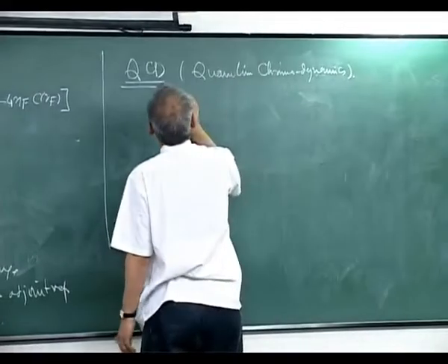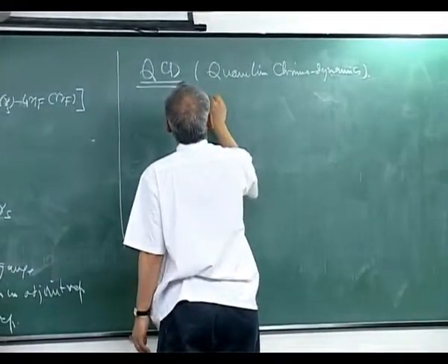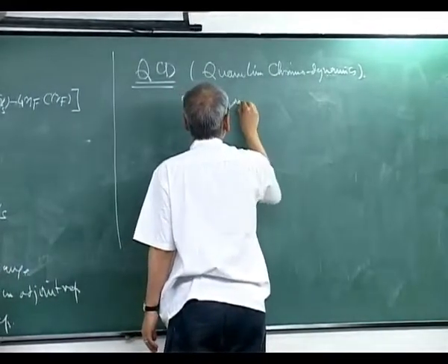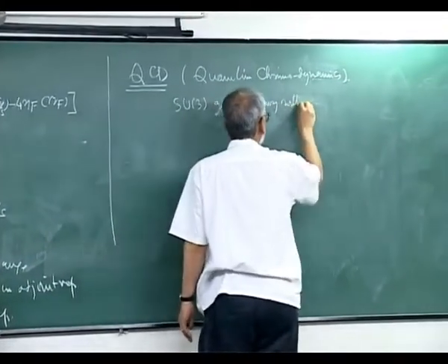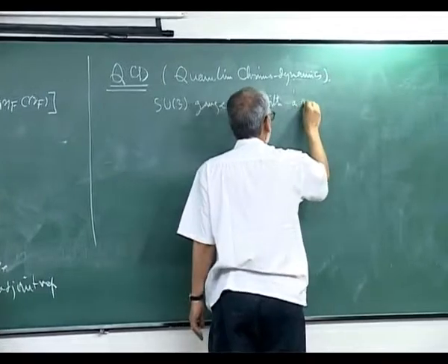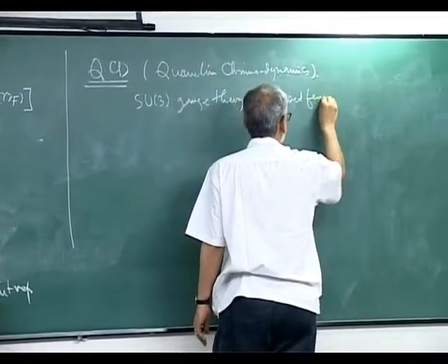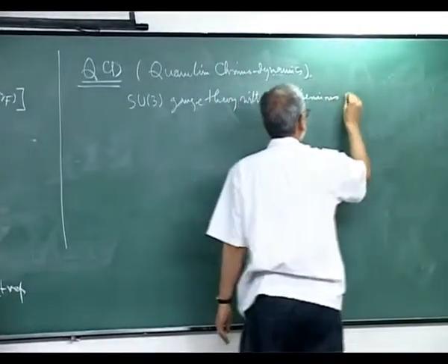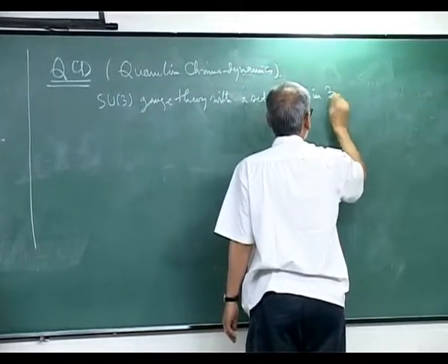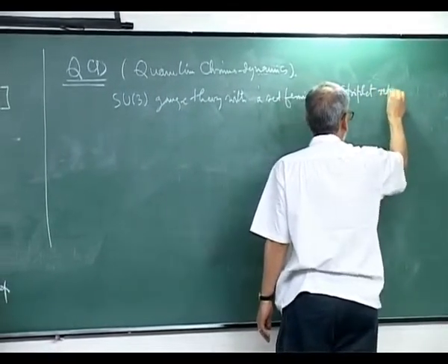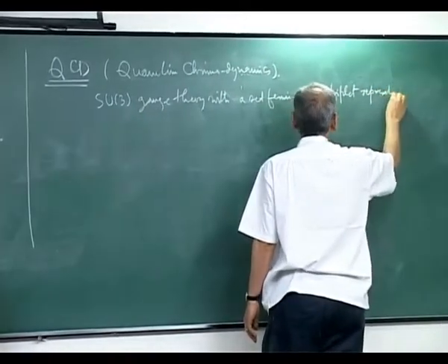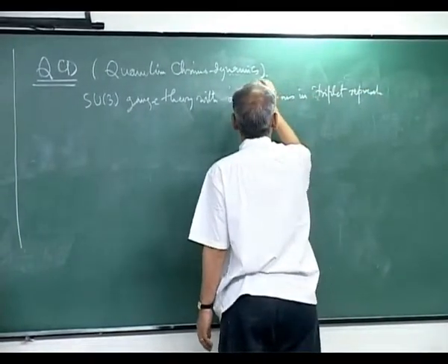It's an SU 3-gauge theory with a set of fermions in triplet representation. Dirac fermions, set of Dirac fermions.